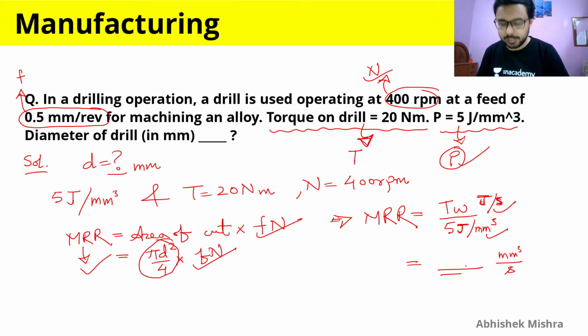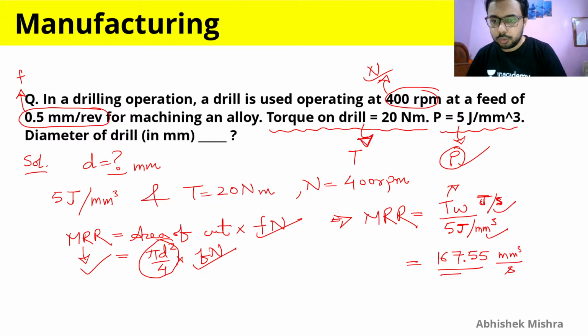So just calculate T into omega. Omega is 2 pi into n divided by 60, into 20, divided by 5. So here we can calculate the material removal rate as 167.55.